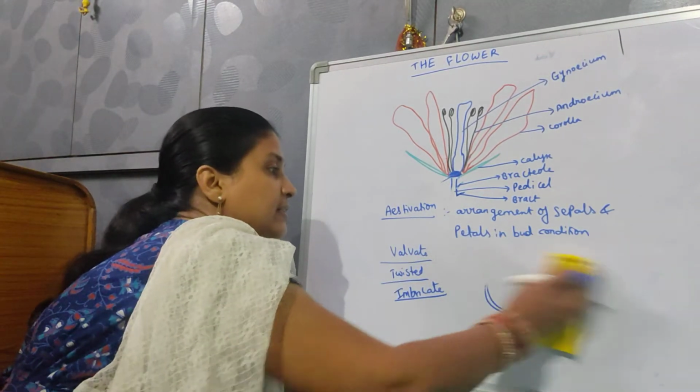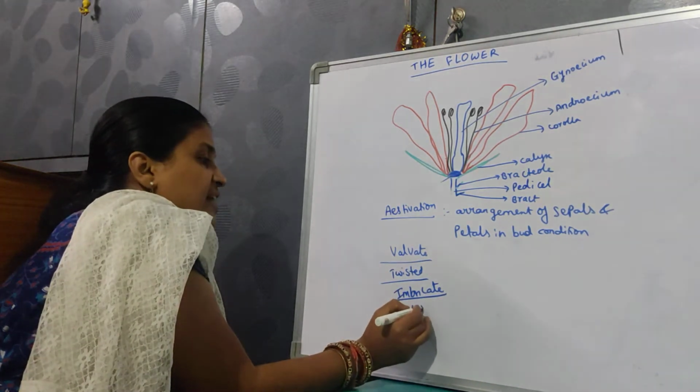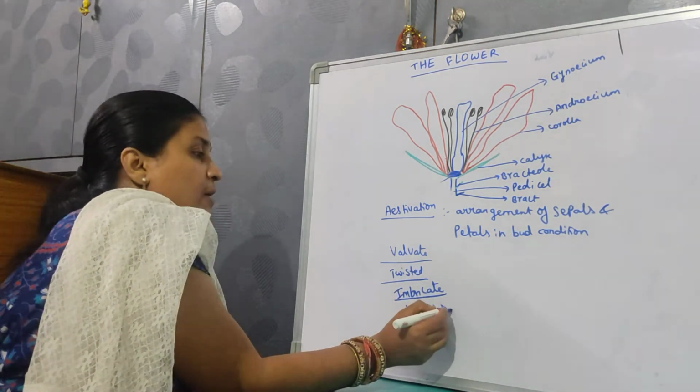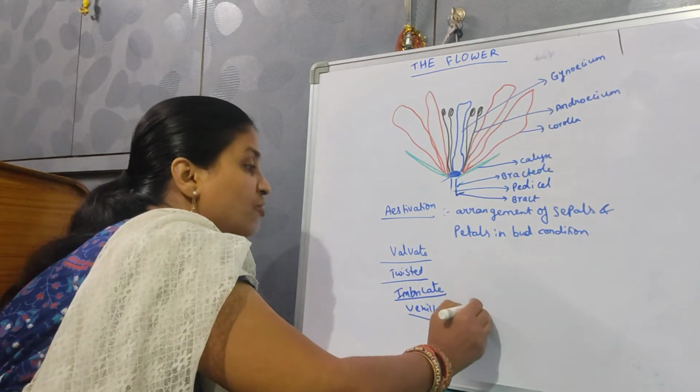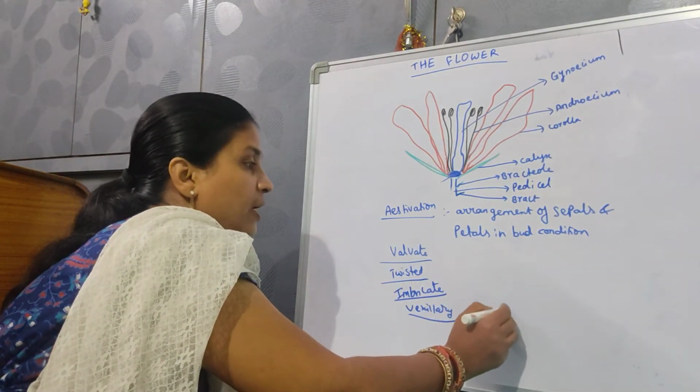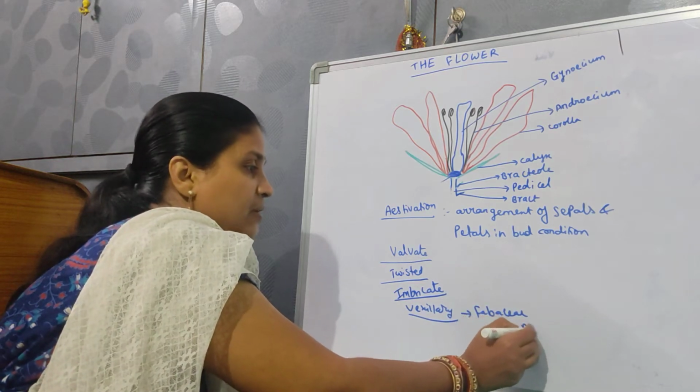Then the fourth type of estivation is called vexillary estivation, or you can say papilionaceous estivation. This is the characteristic feature of Fabaceae members. Examples of Fabaceae members are pea and bean.